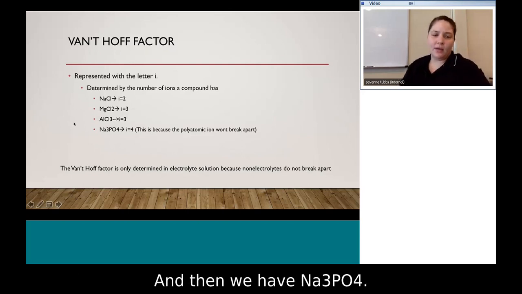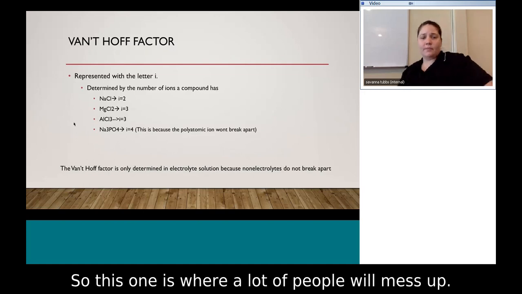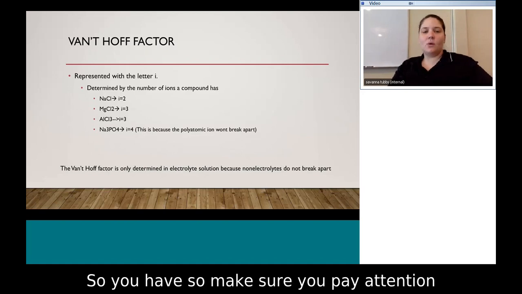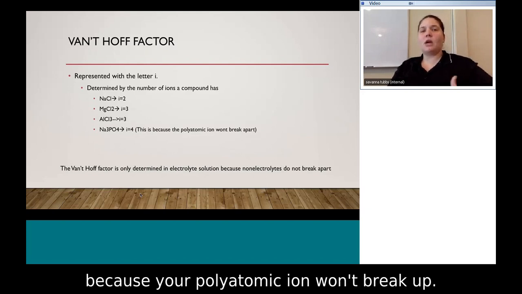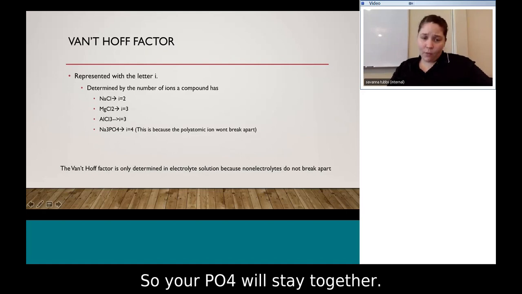And then we have Na3PO4. This one is where a lot of people will mess up. You have to make sure you pay attention to when you have a polyatomic ion in your compound, because your polyatomic ion won't break up. So your PO4 will stay together.